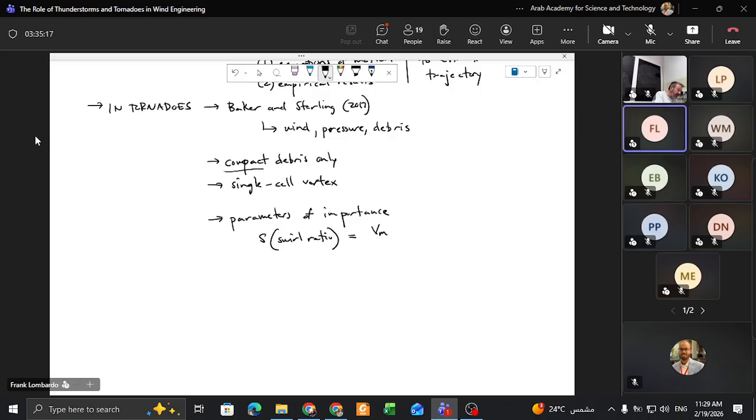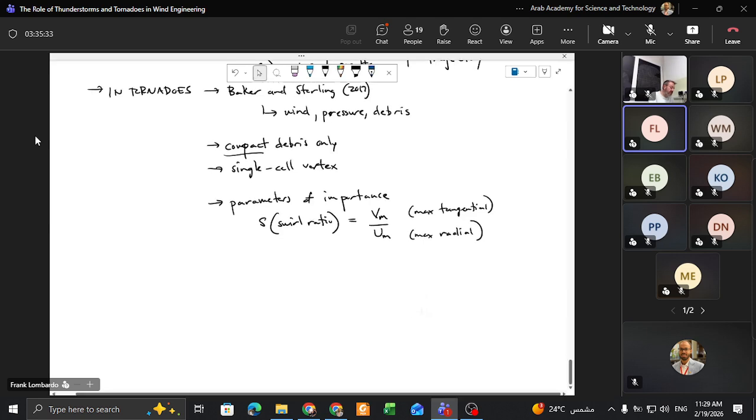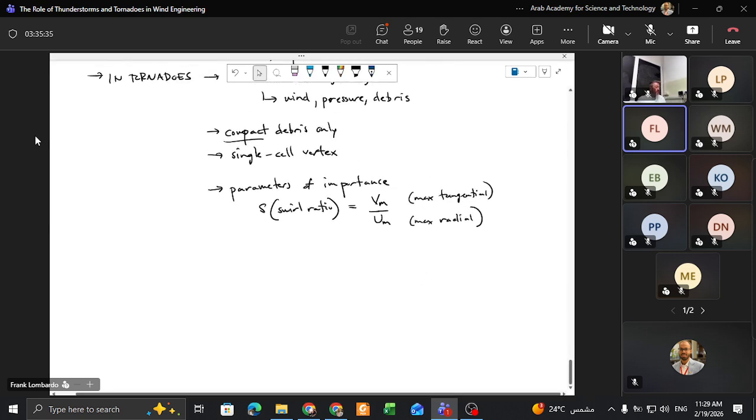The swirl ratio here is defined as Vm over Um, where Vm is the max tangential speed and Um is the max radial speed. Even from the Rankine model, you can estimate the swirl ratio.